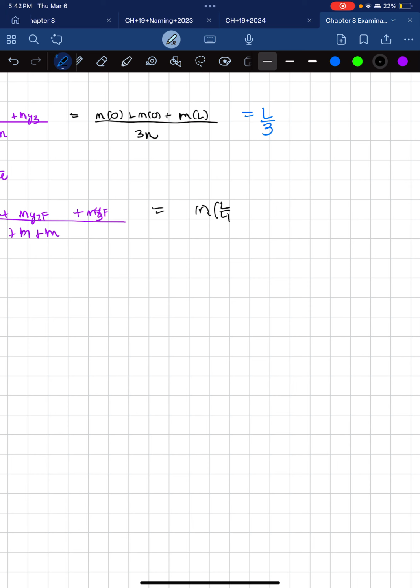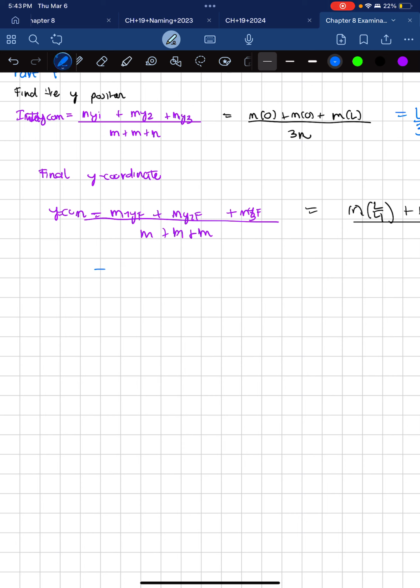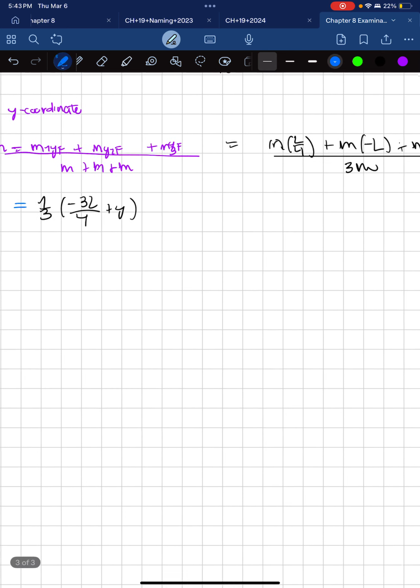Luckily we have some of this. This is going to be negative L, and then this one is just simply y, and as always 3m because we don't have any mass. Now we get that this is going to be 1/3 times (3L over 4 plus y), and then we apply the same formula that we did for the previous one.